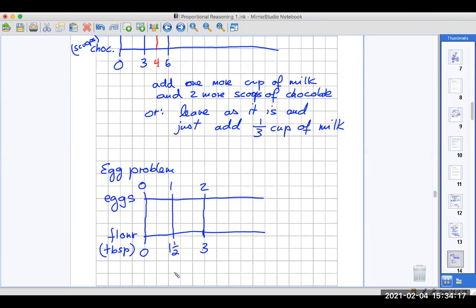So 1 egg goes with 1.5 tablespoon flour. 3 eggs, 1.5 times 3 goes with 4.5, right? 1 times 3 is 3, 1.5 times 3 is 4.5. Try it out. You can do this in your calculator. 1.5 times 3 is 4.5.